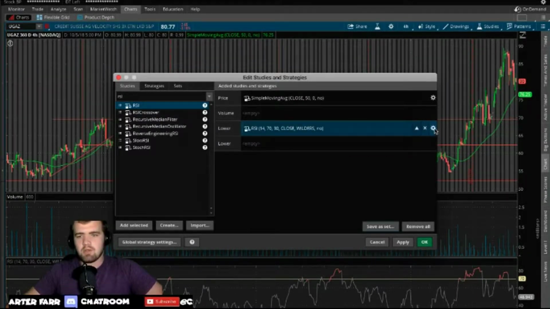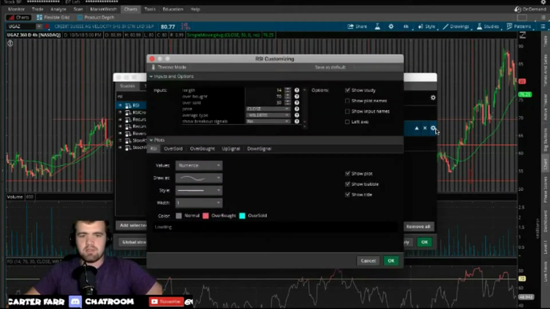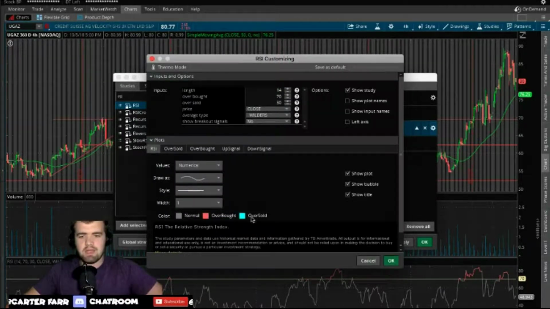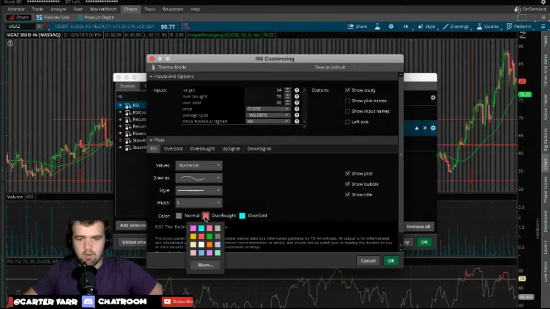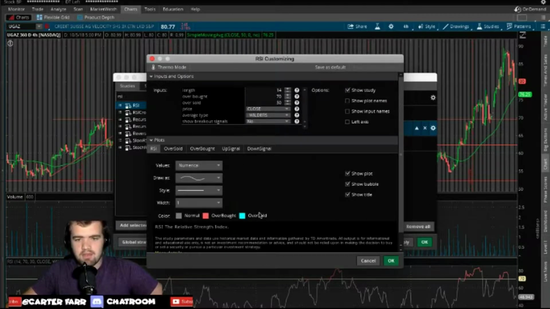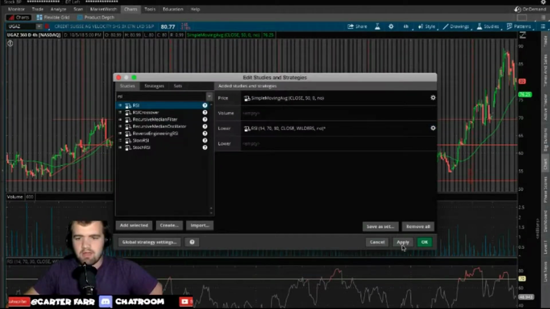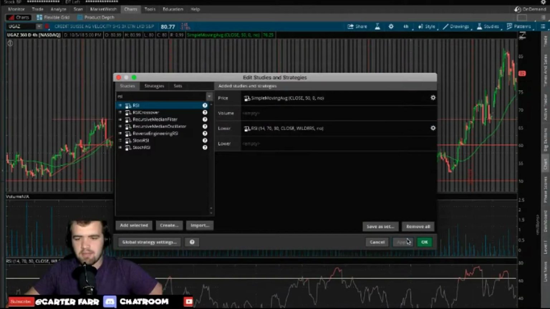Then you can go to the settings wheel, and when it loads up, you can customize these however you'd like. If you want the overbought to be red, and the oversold, normally I have it green. You click OK, then you click apply.